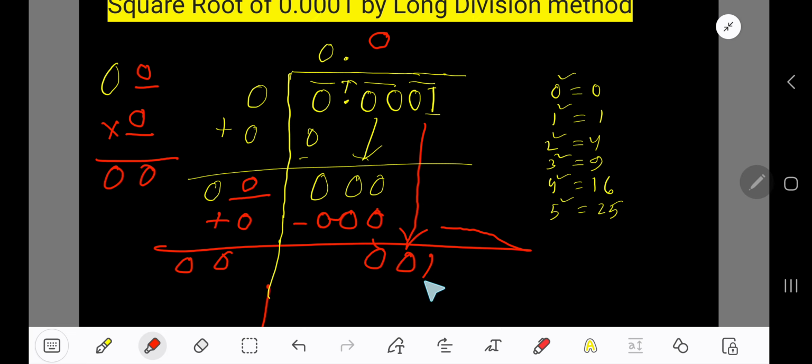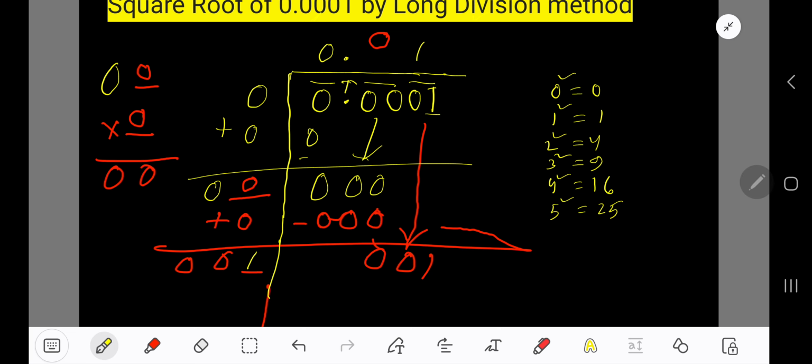01. 001 means actually 1. Now you need to consider a digit. Here we have 1. So if I take 1, 1 must come here. 1 times 1 means 1.